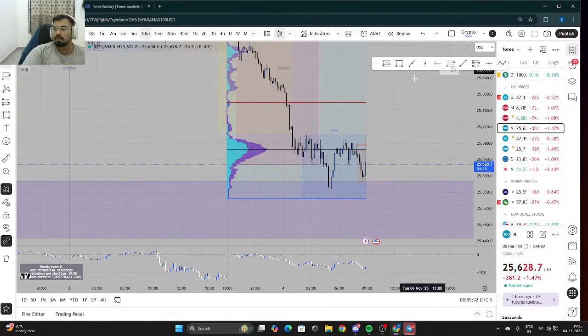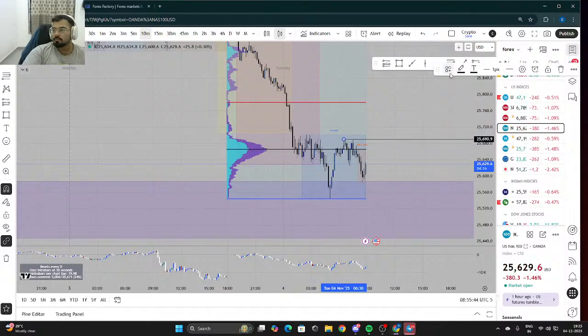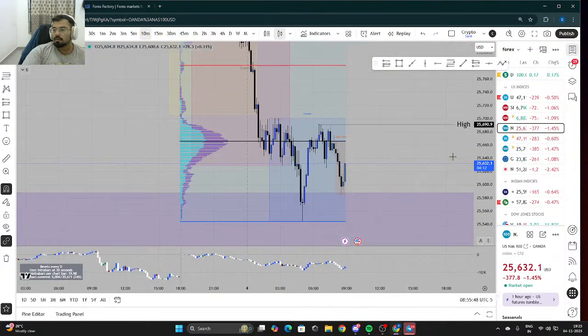The range for Nasdaq will be this high and then this low.